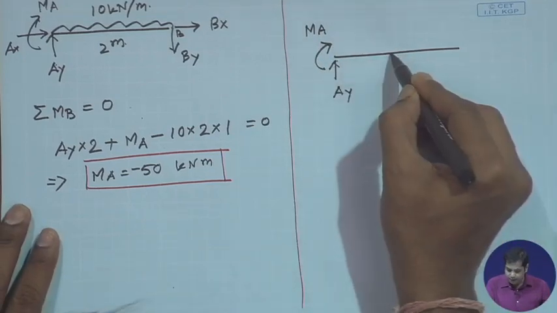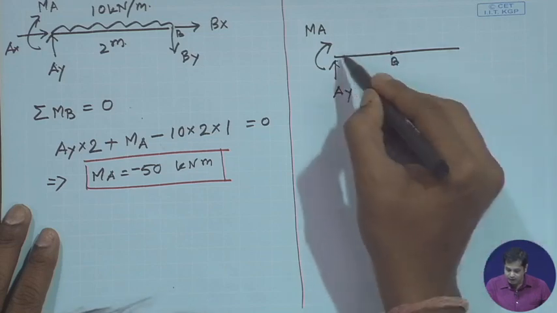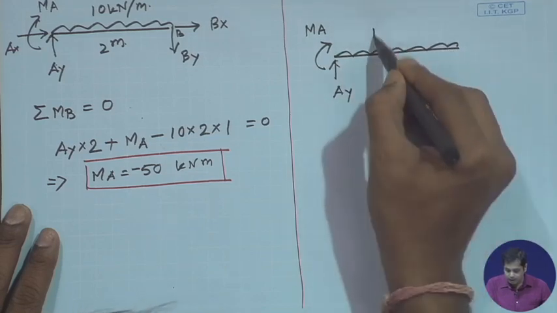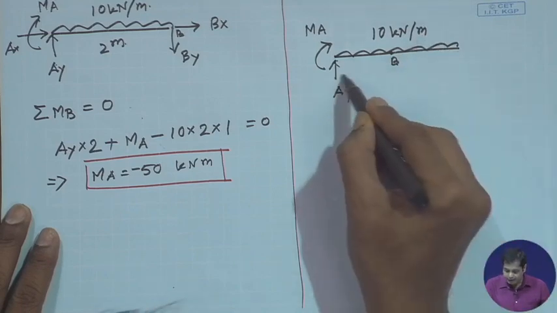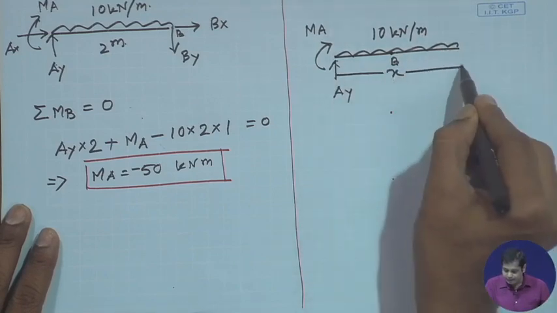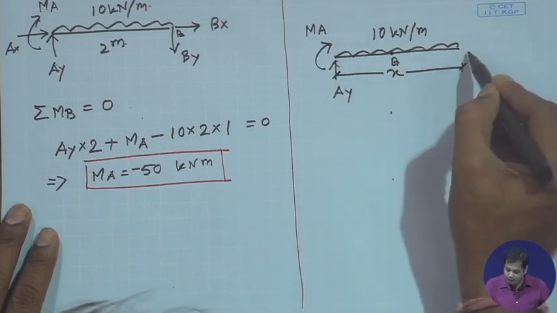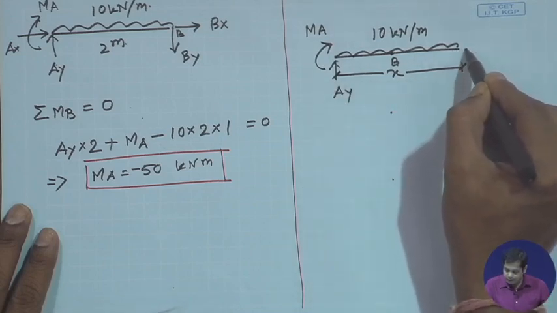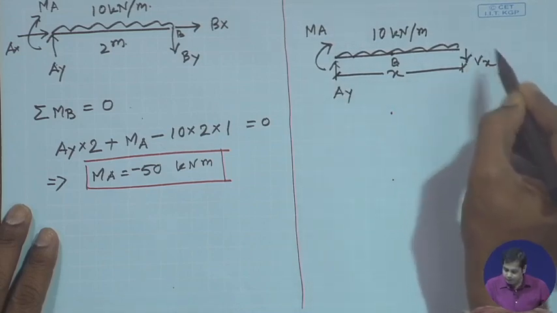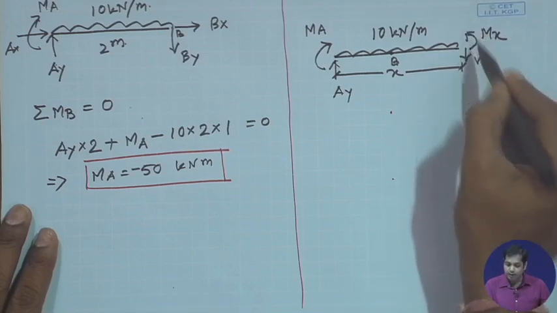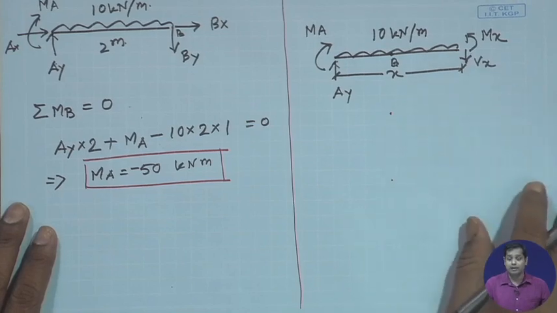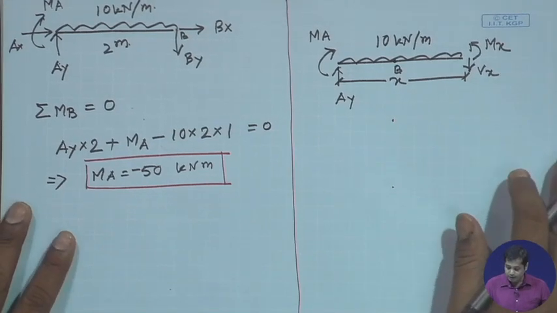This point is B, an internal hinge. This is 10 kilonewton per meter, and this distance is x. At this point the shear force is Vx, and the bending moment is Mx. Hogging bending moment and shear force which provides clockwise couple.